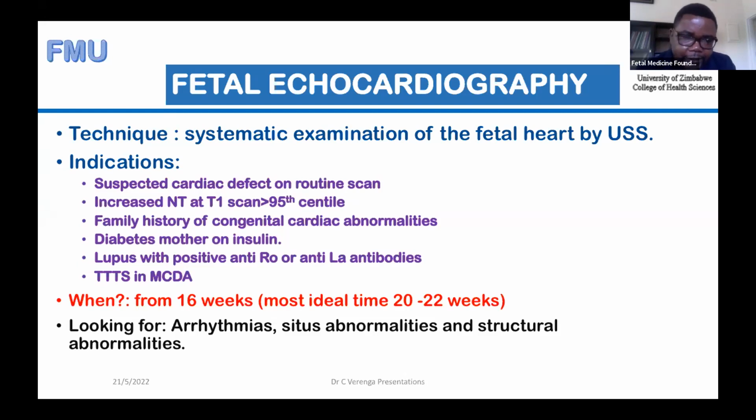If they indeed have them, then they will need a fetal echocardiography and they will need fetal heart surveillance. That means even if we do a fetal echocardiography now, it's fine, but they will need a follow-up of that fetal heart to make sure they don't get heart block, which may compromise the baby's life.